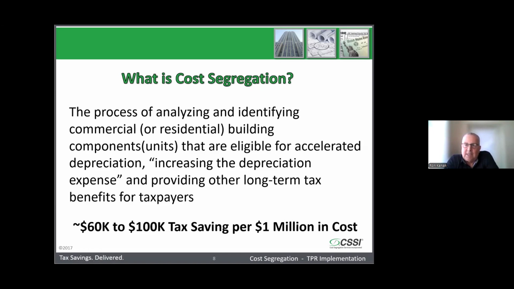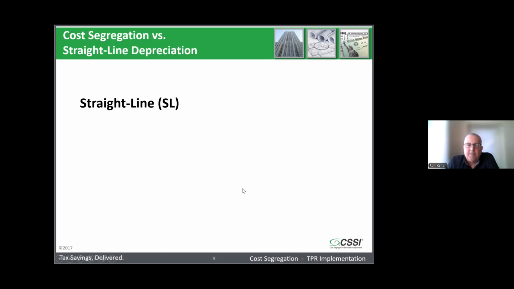That means immediately, and you get this money in tax credit or in tax cash, whichever you prefer. Okay, this is important to know. What we are dealing with is real cash that goes back to you, or credit that you keep for your future tax obligations, okay? So anywhere between $60,000 to $100,000 on a $1 million property cost, okay?